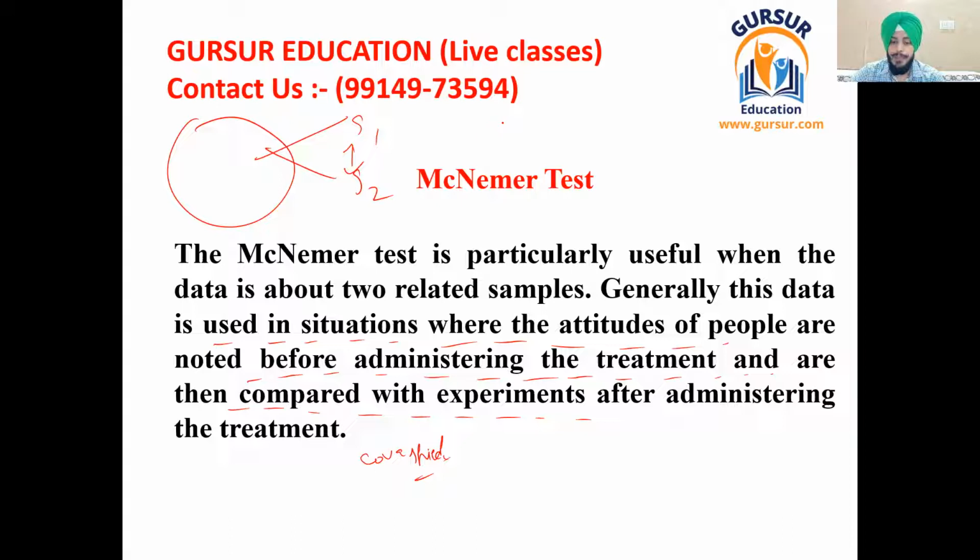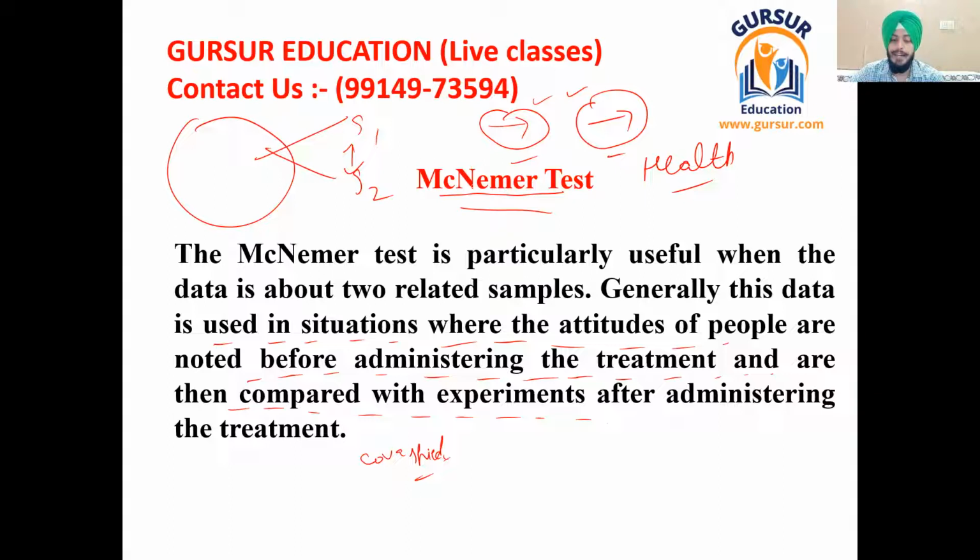If you want to find whether there is any difference between the attitude of a person before getting vaccinated and after getting vaccinated, or the health of the people before and after administering the vaccination, then the test applied for finding the result is known as the McNemar test. Why?